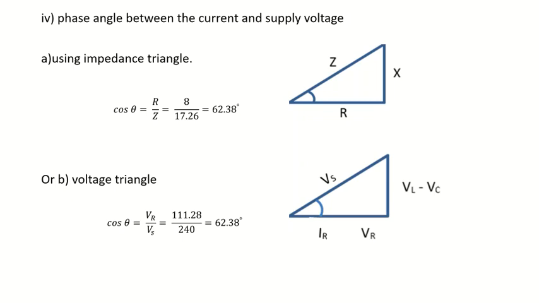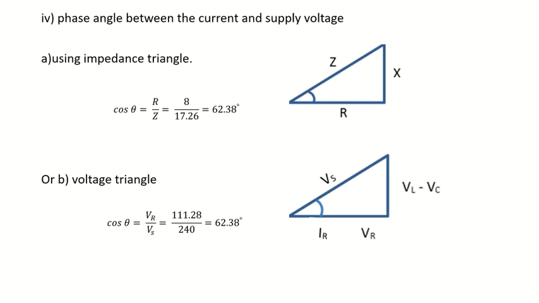Sorry, the cos is the adjacent side of the angle divided by your hypotenuse, Z. So R divided by Z, which is equivalent to 8 divided by 17.26. So you get cos theta, or the power angle, the phase angle between the current and the supply voltage, is 62.38 degrees.